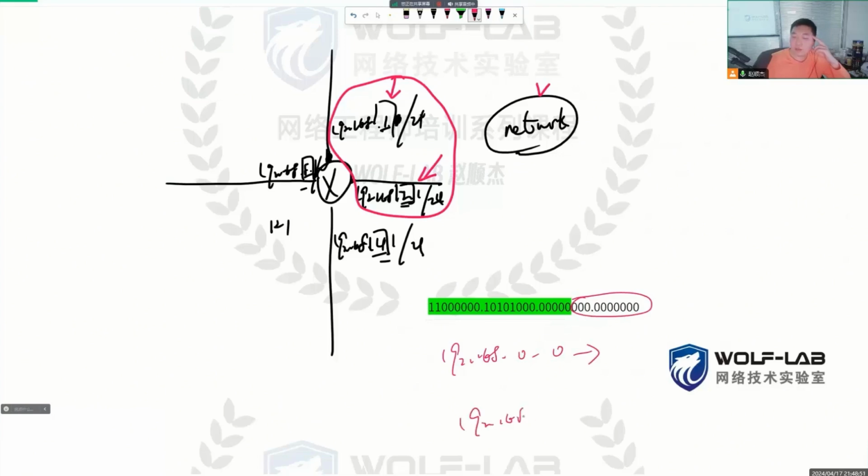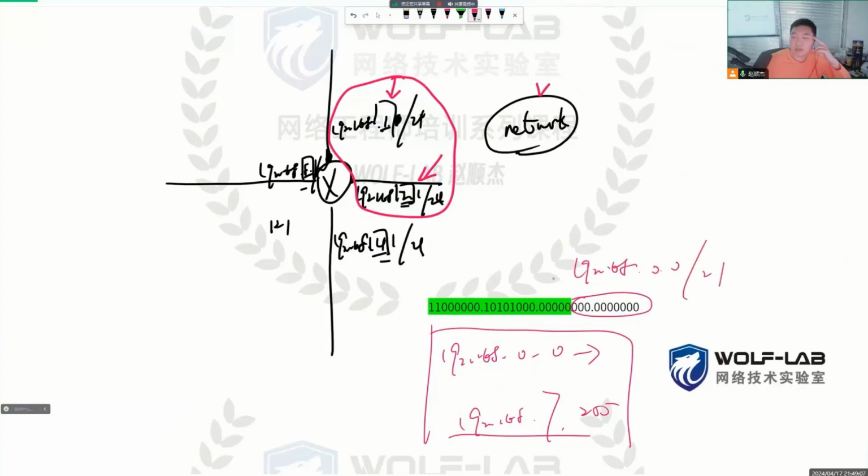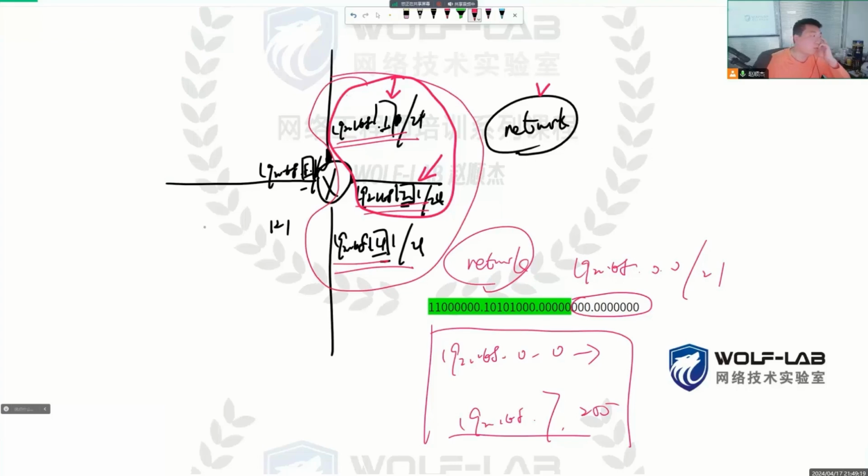Come again. If I change the network segment again, change the range, adjust it to /21. All right, a /21 network segment. Now all the bits behind are host bits. We include the host addresses from 192.168.0.0 to 192.168.7.255.